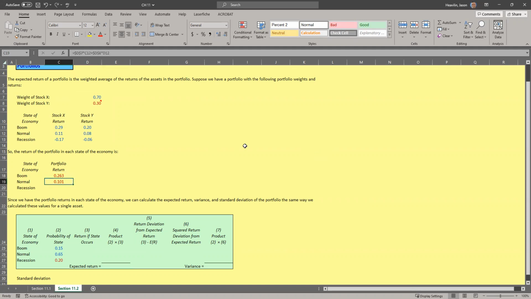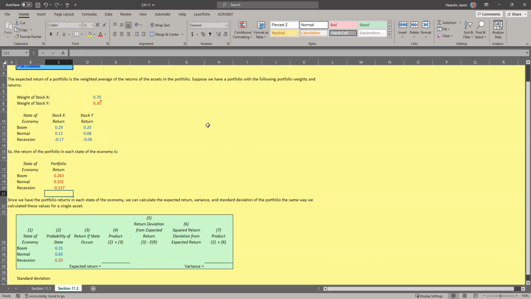We repeat the process for normal and for recession. Weight times return plus weight times return, just like we did here, except that we're using the returns for the normal situation, and for the recession situation, but the weight's always the same.